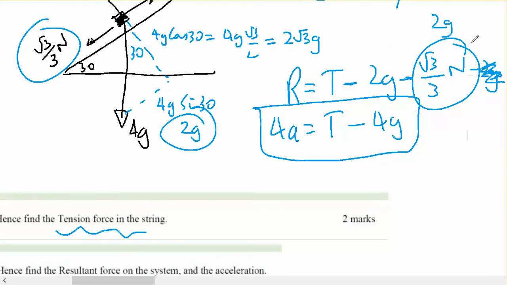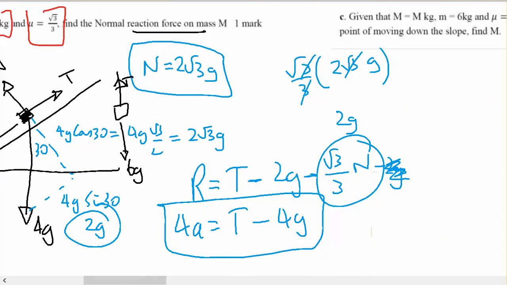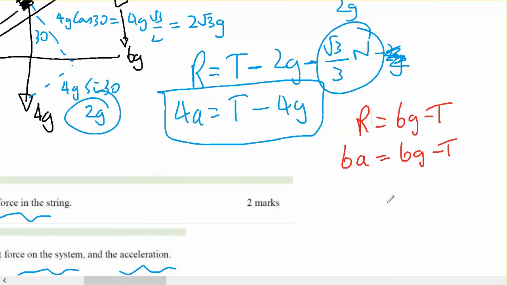Looking at the dangling mass, the resultant force in the direction of motion, which is down, will equal 6g minus T, and that 6a will equal 6g minus T. Therefore, T equals 6g minus 6a.